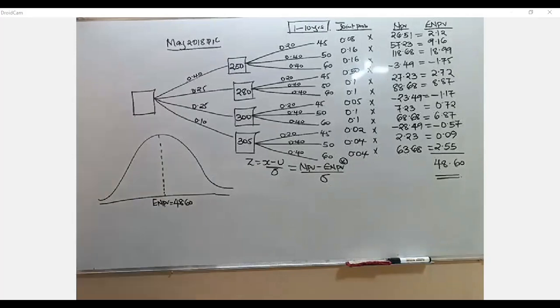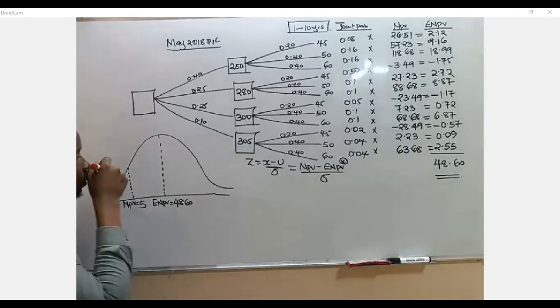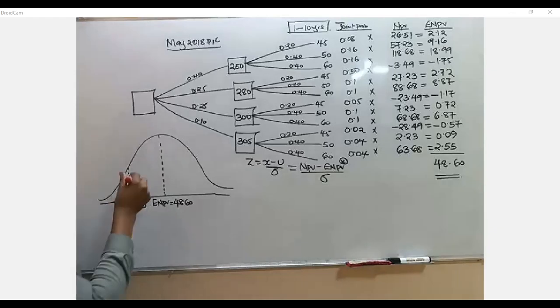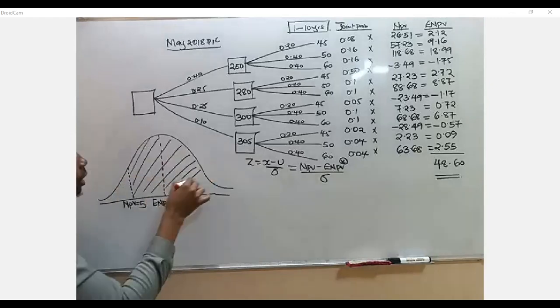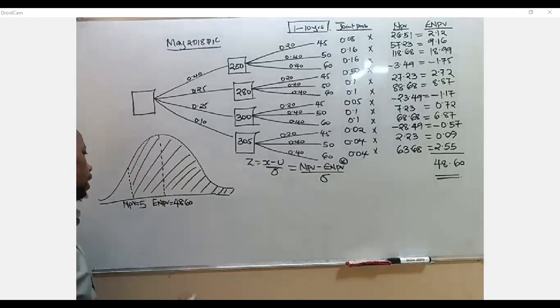And the point away from the mean is on this side. So our NPV is here, which is 5. We are told that if it falls below here, the company will be exposed to a hostile takeover. So we are asked to find when it will not be exposed to a hostile takeover. It is on this side. So in this case, we shade that side. That is the wanted side.